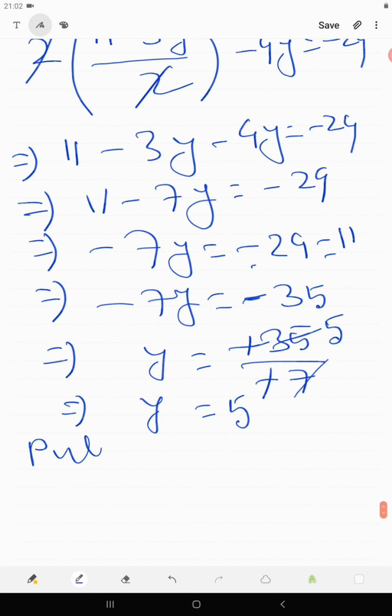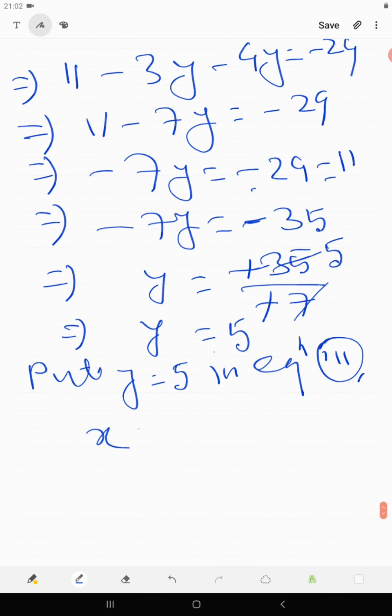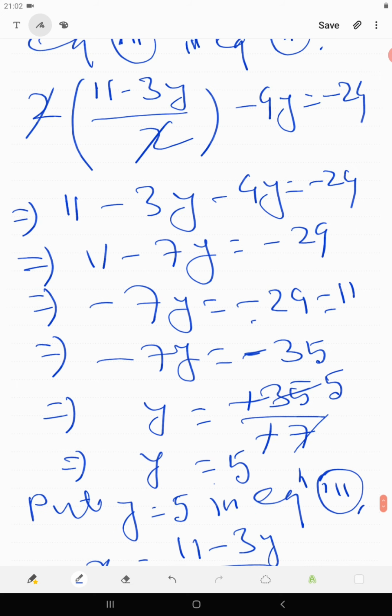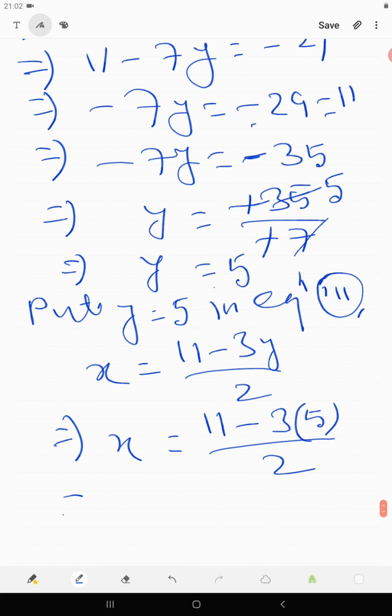Now put y equals 5 in equation 3. What will we get? So equation 3 was x equals 11 minus 3y by 2, correct? Yes. So x equals 11 minus 3 into 5 divided by 2. So x equals 11 minus 3 into 5 is 15, divided by 2.